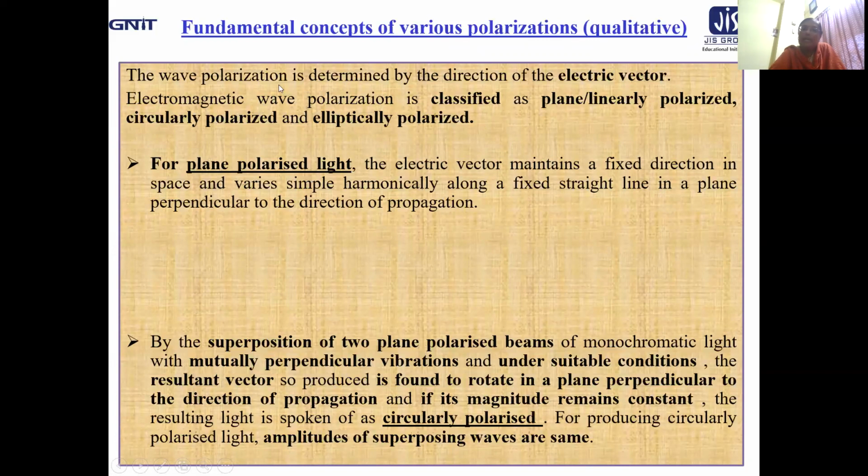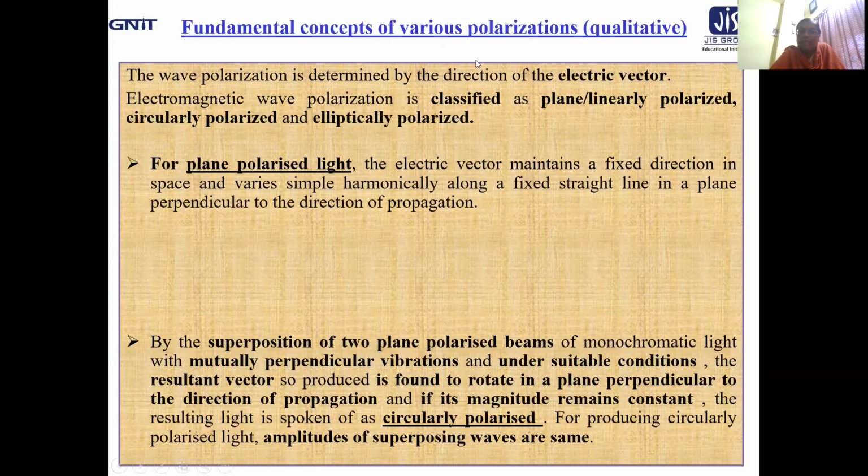The basic polarization means the transverse vibration, where electric and magnetic fields are both working perpendicular to each other simultaneously, with the direction of propagation perpendicular to both of them.